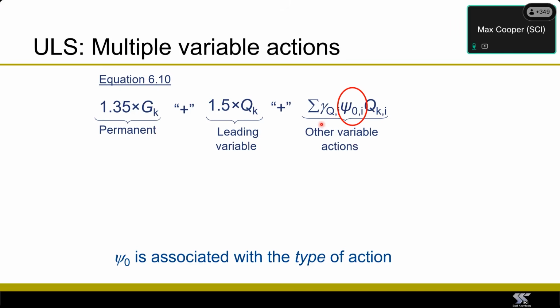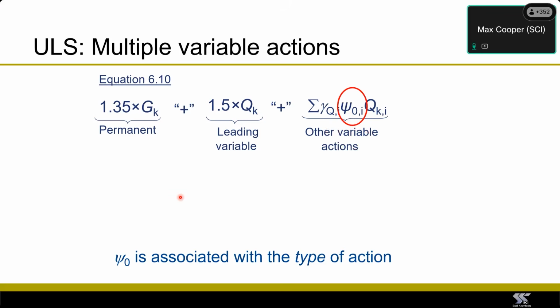So we have, again, QK, the variable actions at the characteristic level, but then multiplied by psi factors, and this is psi naught. As I discussed before, the designer should not be making any decisions about what to use, whether it is psi 0, psi 1, or psi 2. It's specified in the Eurocode, and it should always be psi naught. So we have the summation of all the other variable actions using the combination factors and the partial load factor gamma Q, which again we saw before was 1.5.